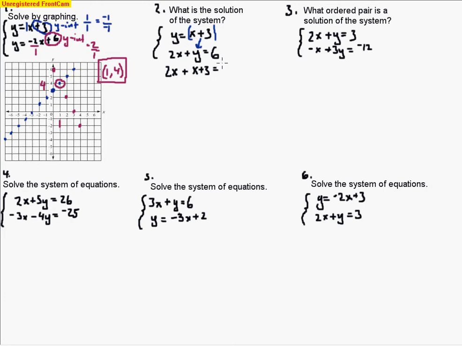This all equals 6. So we've got some x's to collect on the same side of the equal sign, and then also an opposite operation. So we'll take that 3 from both sides and rewrite what we've got. So the 2 x's add together to make 3x. This all equals 3. So you do that division, and you'll have your value of x.